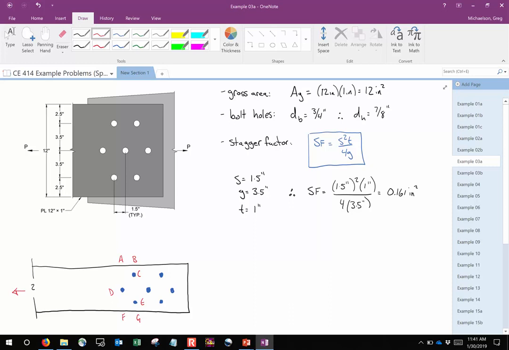Okay. All right. The reason why we're doing this is because I want to be able to name our potential failure paths so that we're all speaking the same language. So, for instance, remember, when you're dealing with a staggered connection, there are multiple possible net areas. So we're going to compute all of them. So let's start listing possible failure paths.